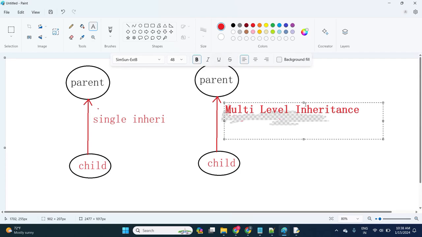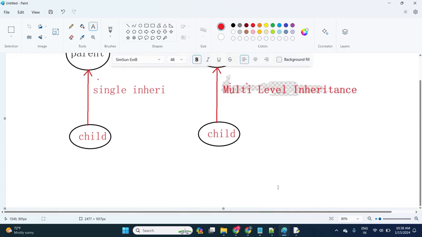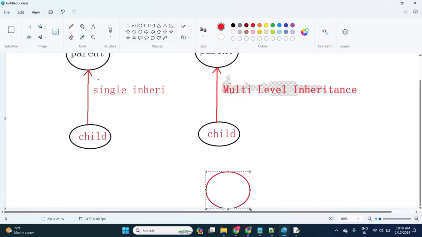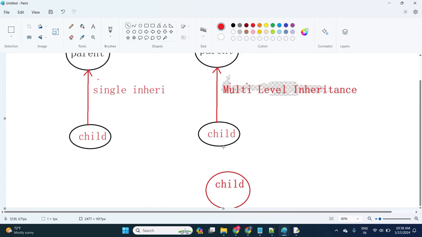How can we define multi-level inheritance? Here the parent and child are already there, so I'm taking one more child here.